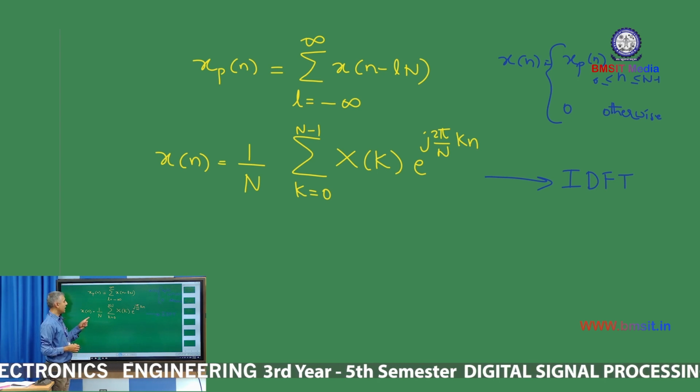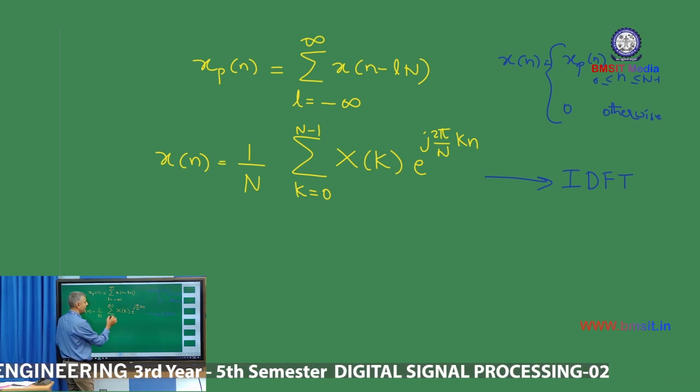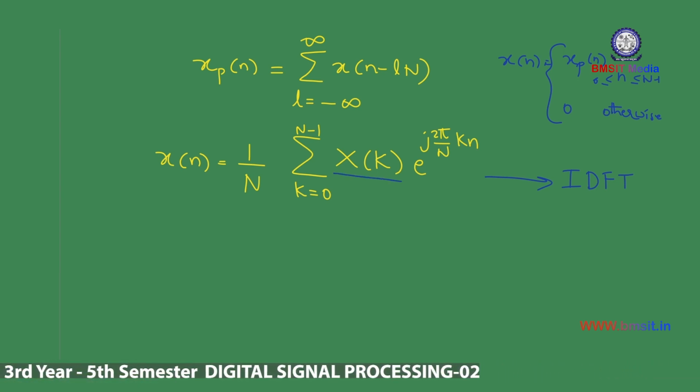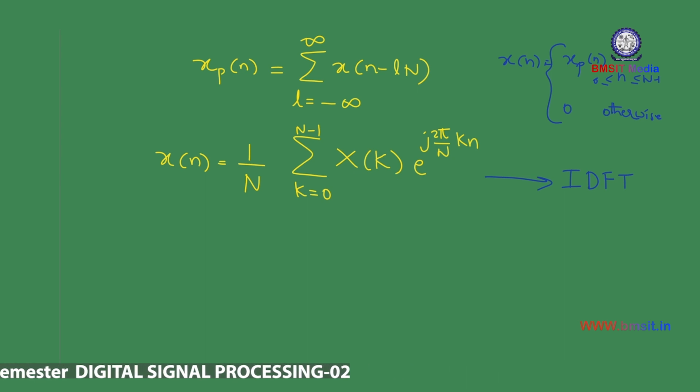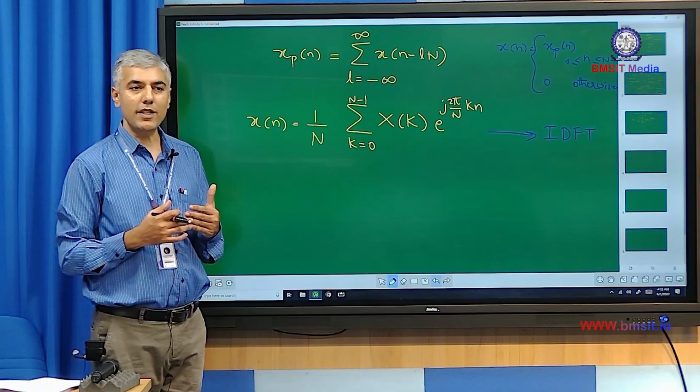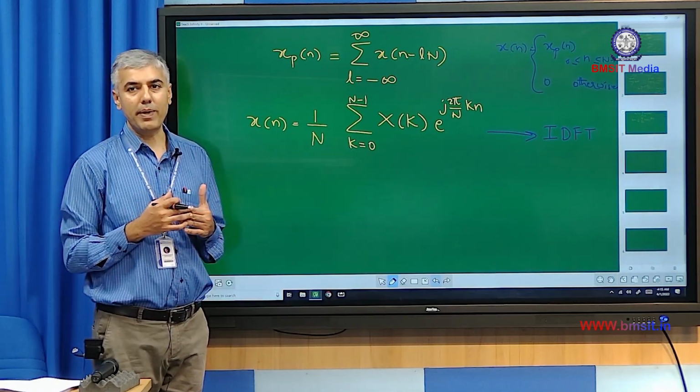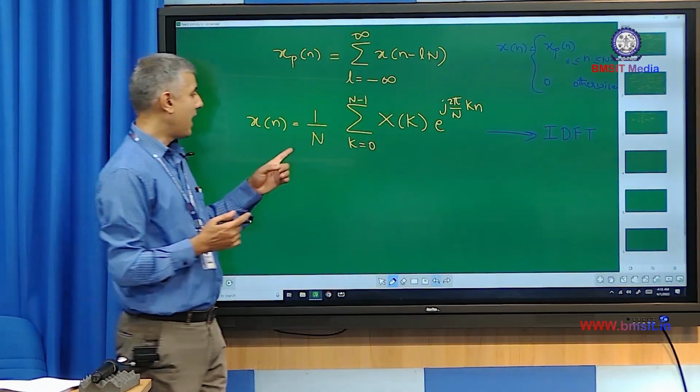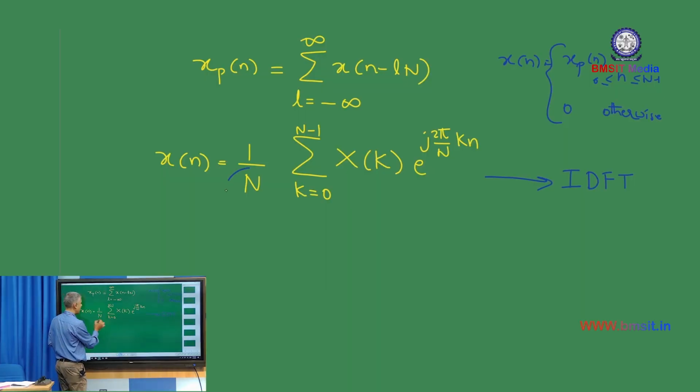You can observe that in the summation you have X of k, that is the frequency domain representation, multiplied by e raised to j 2 pi by N kn, and students should not miss the N over there, so we divide by N. This is our synthesis equation.